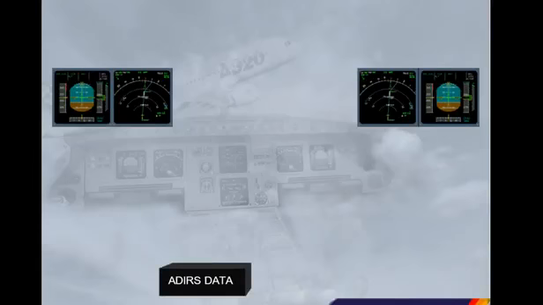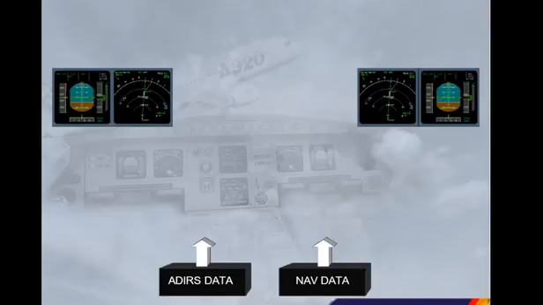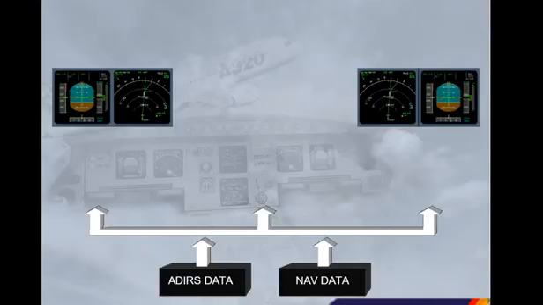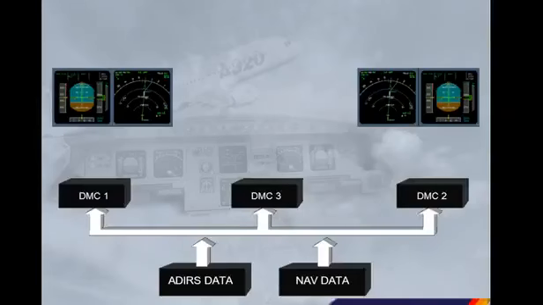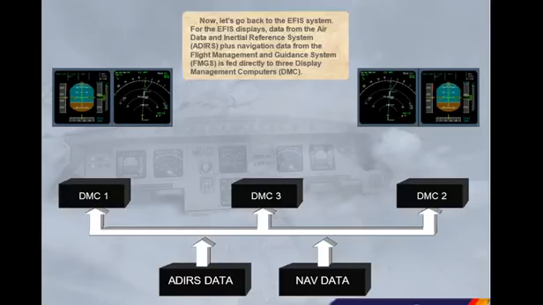Now let's go back to the EFIS system. For the EFIS displays, data from the Air Data and Inertial Reference System, ADIRS, plus navigation data from the Flight Management and Guidance System, FMGS, is fed directly to three display management computers, DMC.